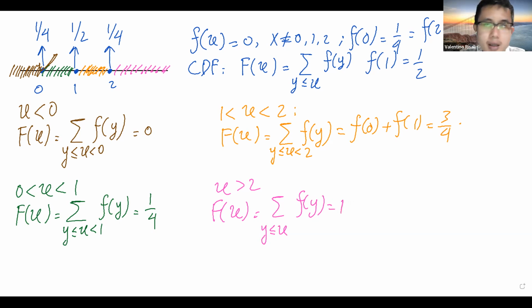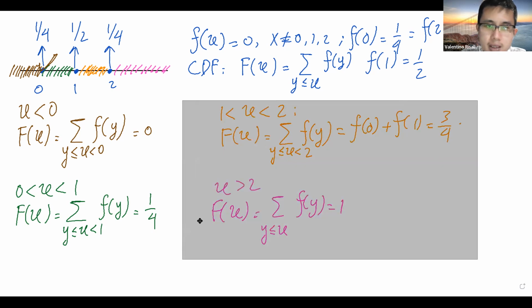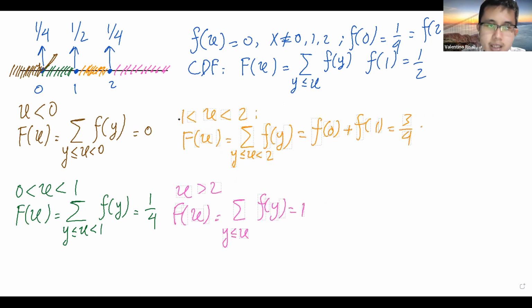And we have done our 4 cases, and we still have three cases, that is for x equals 0, 1, and 2. What is the value of the CDF at 0?